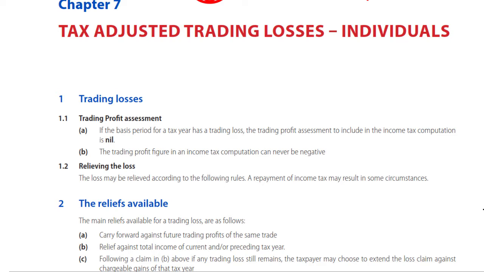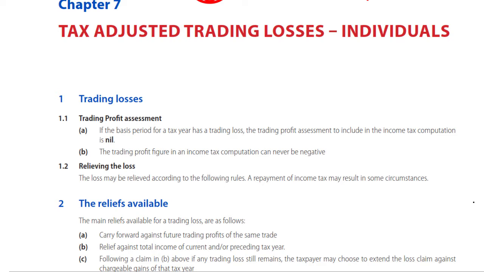Now, a repayment in cash flow terms is as good as it gets as regards the use of a loss. It is better than merely reducing this year's tax, a tax figure that I have not yet paid over. And each of those, previous year relief, earlier year relief, current year relief, are better than carrying forward to reduce future profits that would be chargeable to tax in a future year.